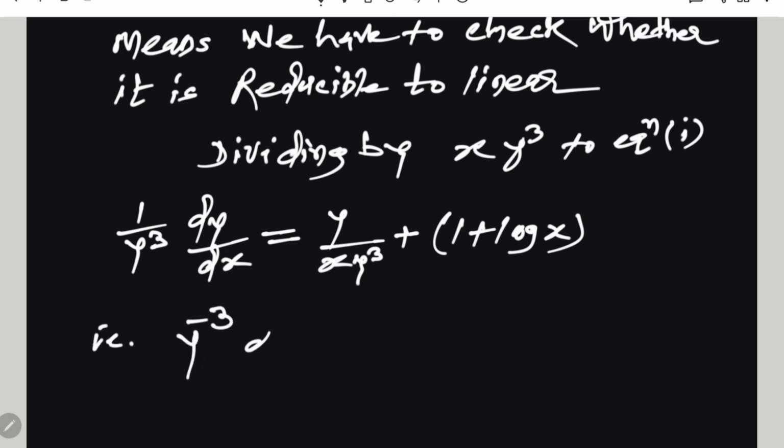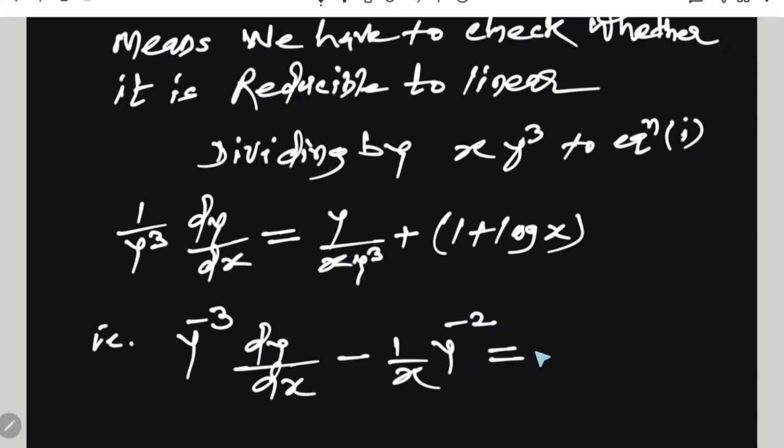Rewriting it, transferring y cube to the numerator, it becomes y raised to minus 3 into dy by dx. Then transferring that term of y to the left, it becomes minus 1 by x into y raised to minus 2 equals 1 plus log x, and we call this equation 2.